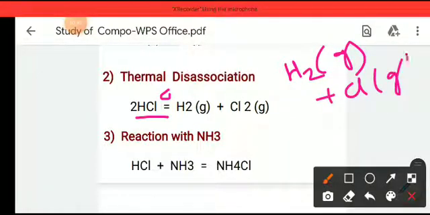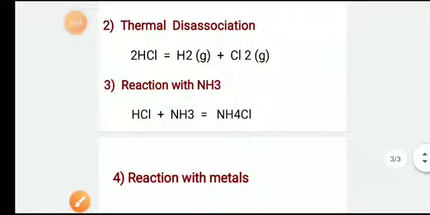Remember, here all the reactants and products can be gases. So whenever hydrogen chloride gas is heated to a substantial temperature, it will dissociate and give hydrogen gas and chlorine gas, Cl2 gas.